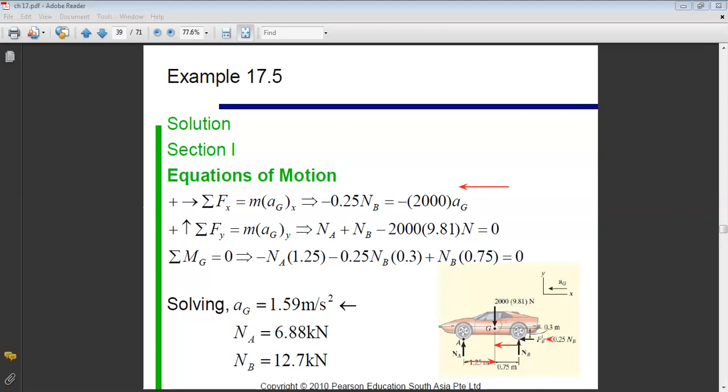Don't forget the moment of friction. I project from G to the line of action of the friction, the horizontal line, and this distance is 0.3 meters. With the right-hand rule, FB is rotating clockwise, which is negative, so minus mu kN times 0.3 equals 0. I obtain three equations with three unknowns, and I can solve for them.